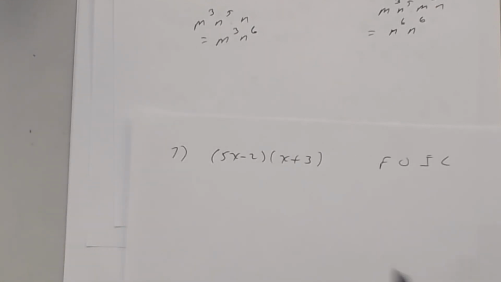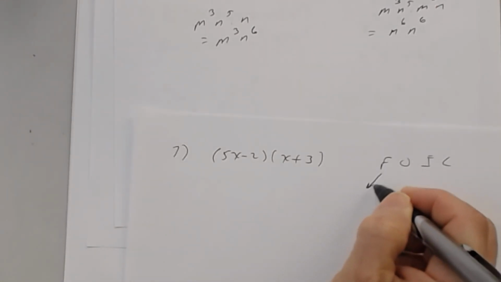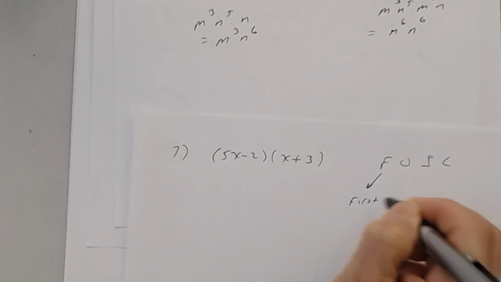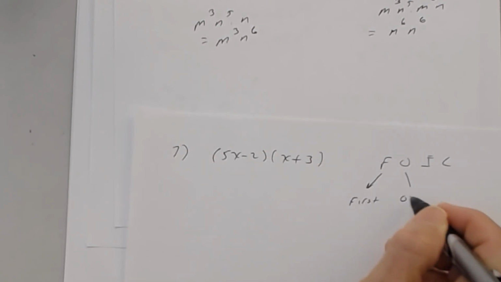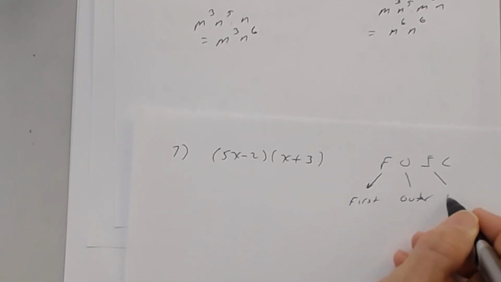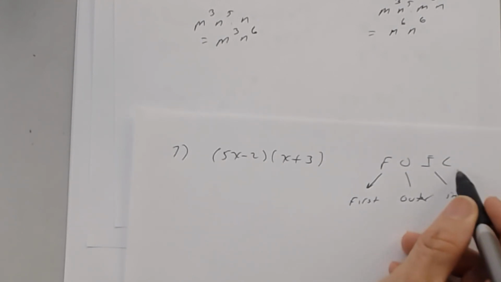But FOIL, remember, what does the F stand for? First. What does the O stand for? Outer. The I? Inner. And the L? Last. So first, outer, inner, last. So basically, remember what the F stands for.